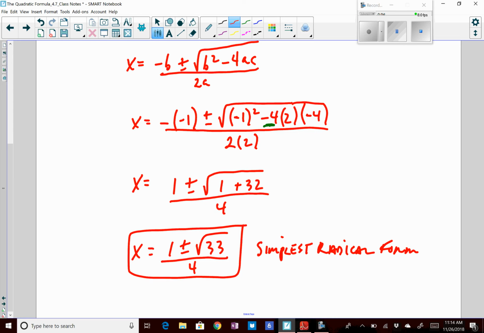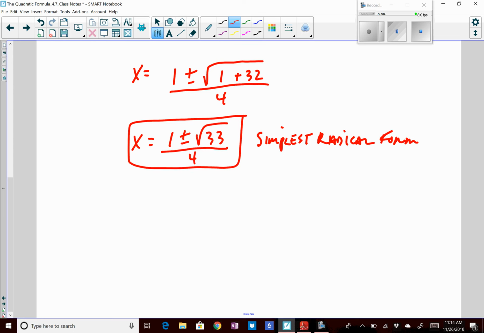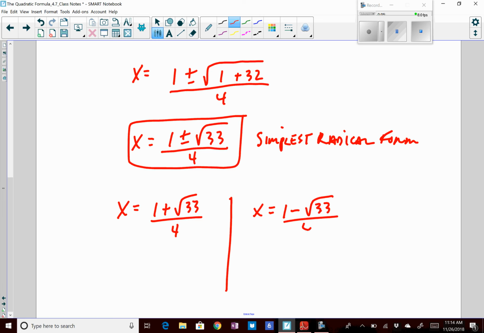Let's say they wanted it to the nearest hundredth or 2 decimal places. Then what we'd have to do is actually break up into two equations. So we could say that x equals 1 plus the square root of 33 over 4, and x equals 1 minus the square root of 33 over 4.